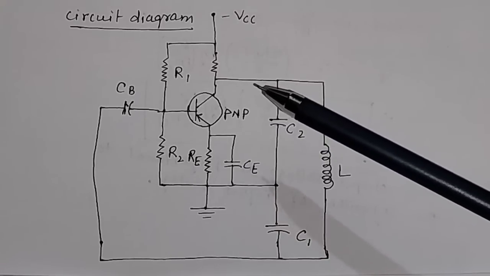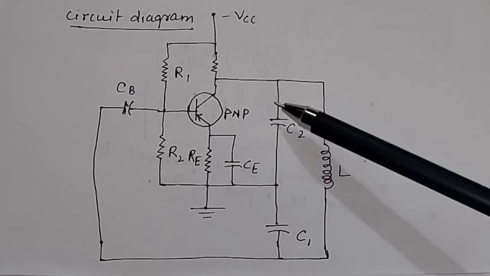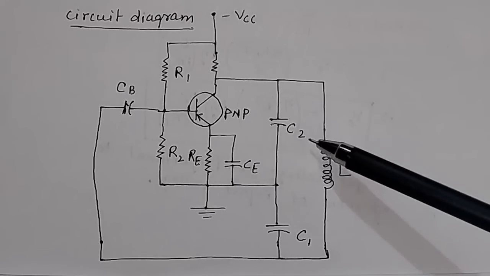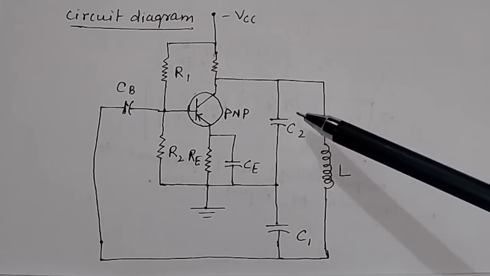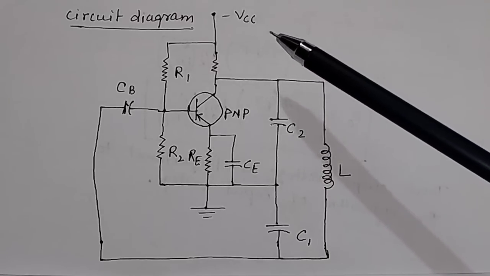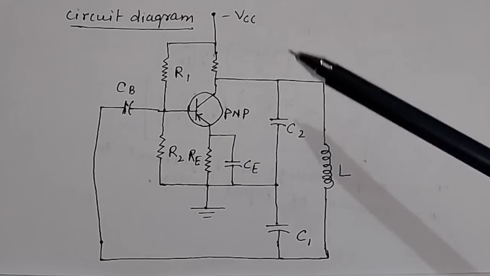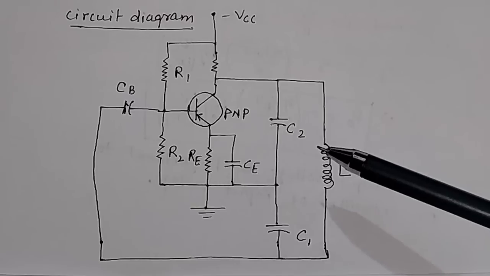In the tank circuit you give a potential VCC. This is your tank circuit. It consists of an inductor and two capacitors C1 and C2, and you give a potential VCC to this tank circuit from the external source, as a result of which LC oscillation will start.